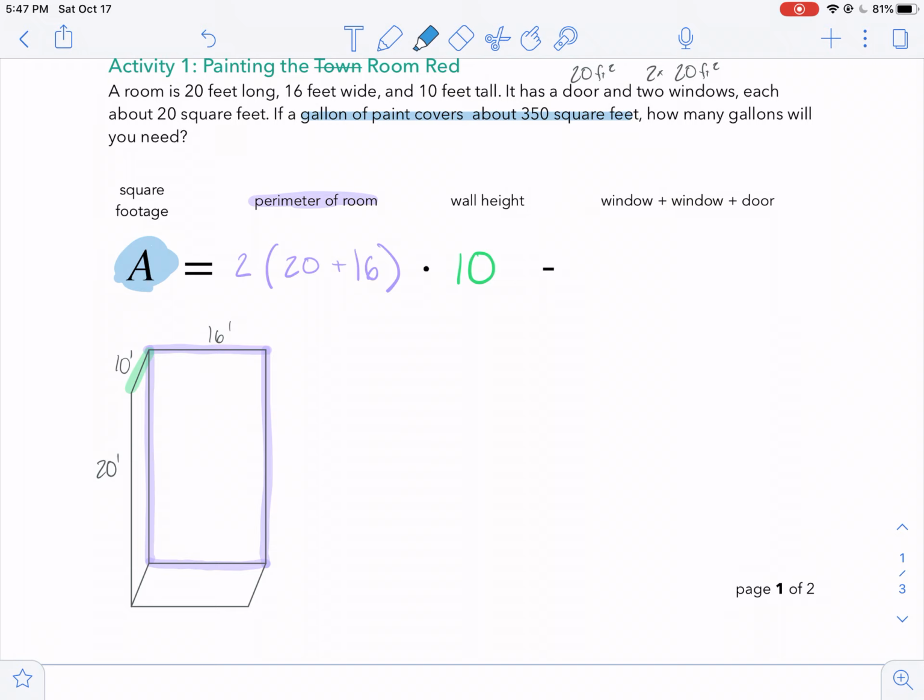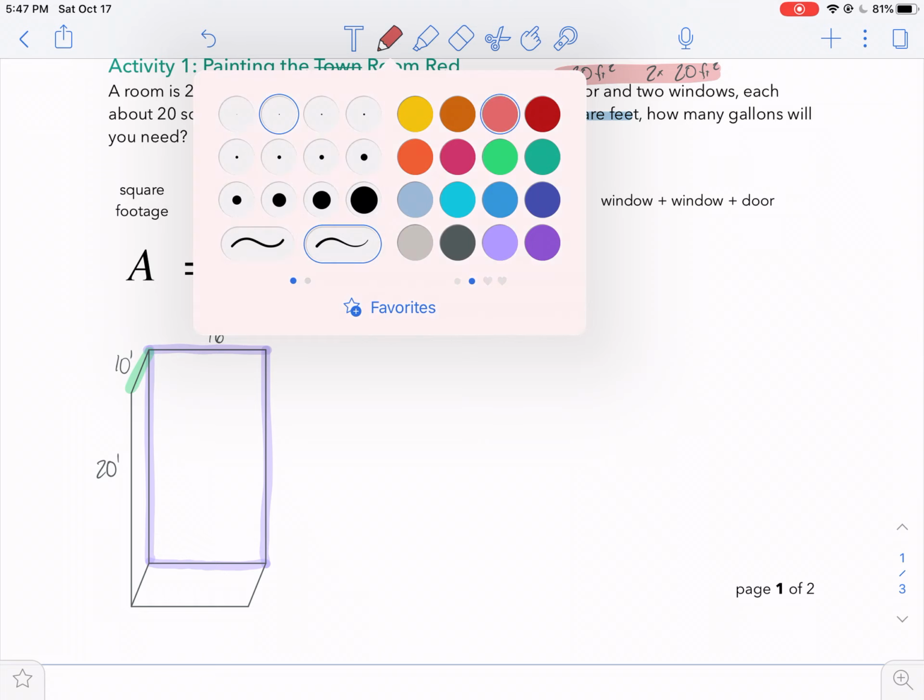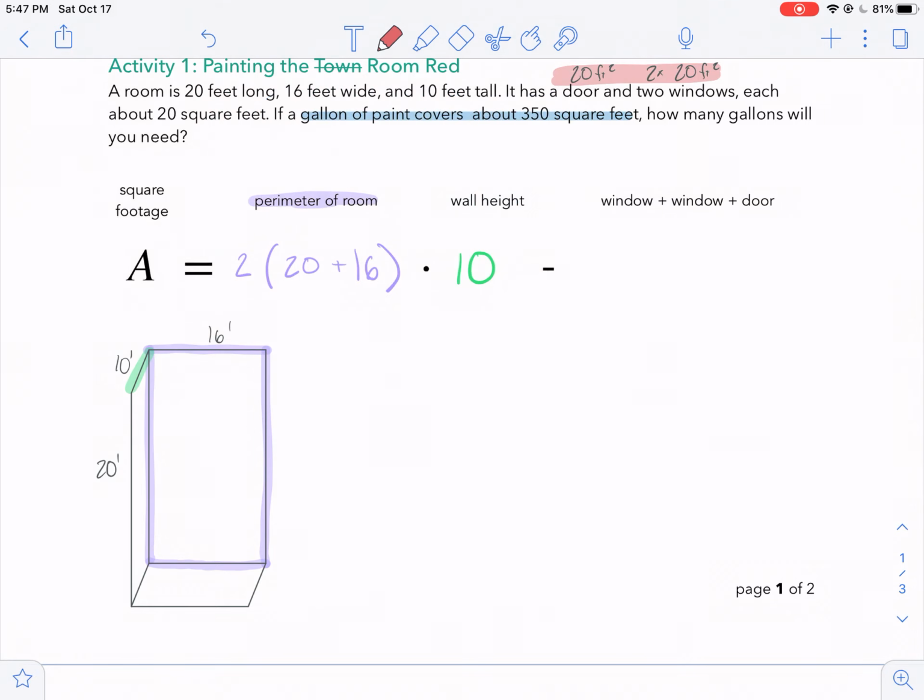Actually, I don't want to make this blue yet. So the windows and the doors are 20 plus 20 plus 20, because the area of the windows, we have two windows that are 20 each, and a door that is also 20 square feet.